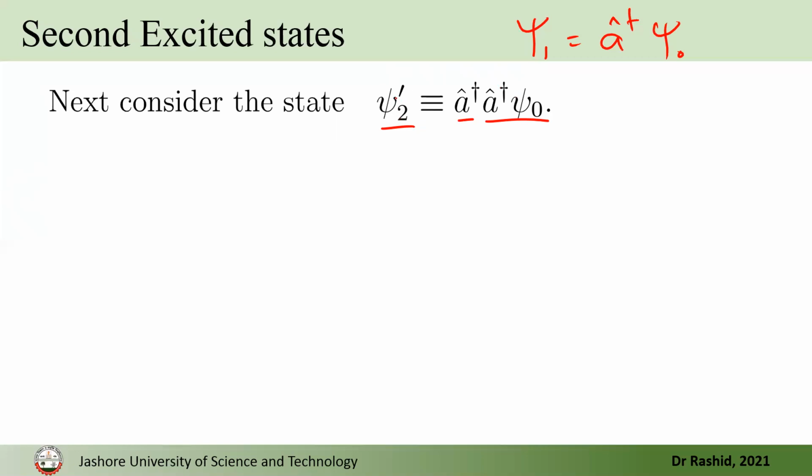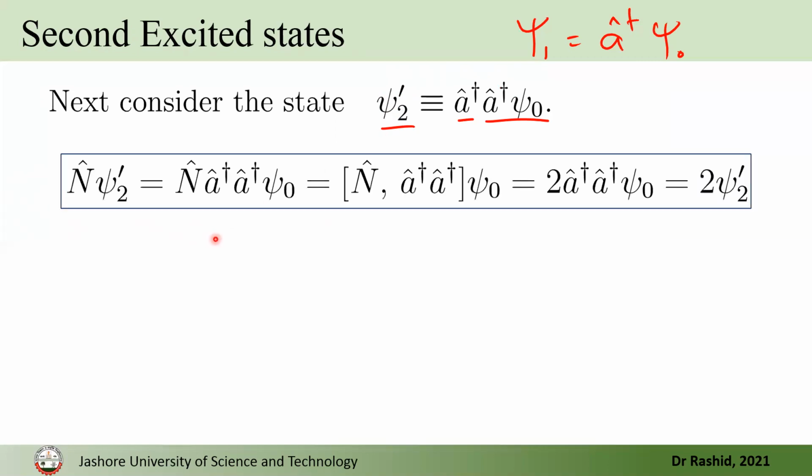If we get that psi 2 prime is properly normalized, then we'll call it psi 2. If we find that it is not properly normalized, then we will redefine it so that we get the normalized wave function. So we do a similar thing. That is, we operate the number operator on psi 2 prime and just do the calculation.